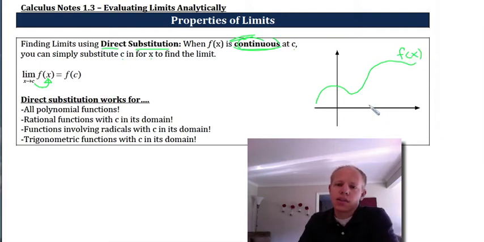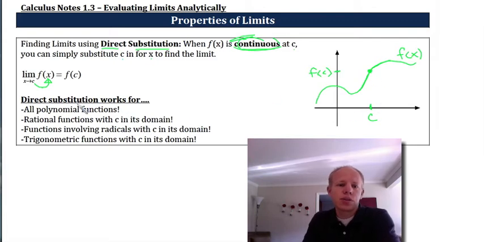Now what it's saying is if we choose a c, we'll just choose c to be right here, and this function is continuous at this point, so we can see here this function continues along, we get to the point and then it continues on. So if it's continuous right there, then the limit is actually going to be this y value, or f of c. Okay, so that's what we're looking at.